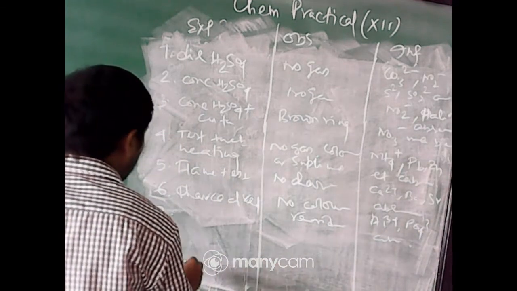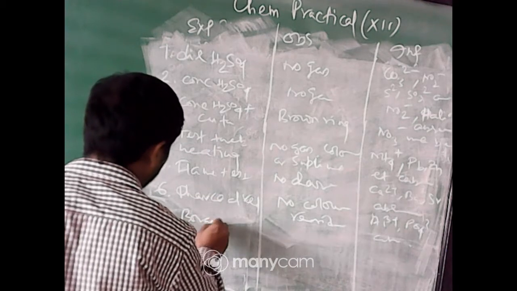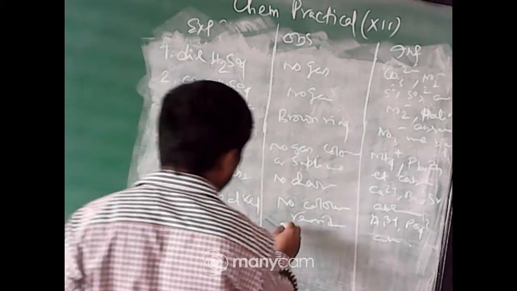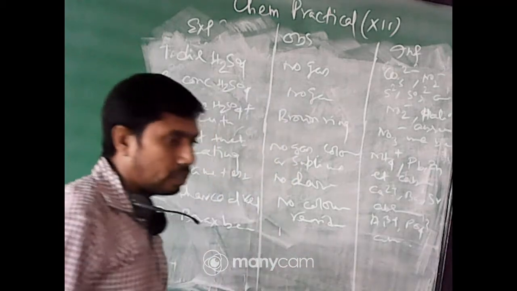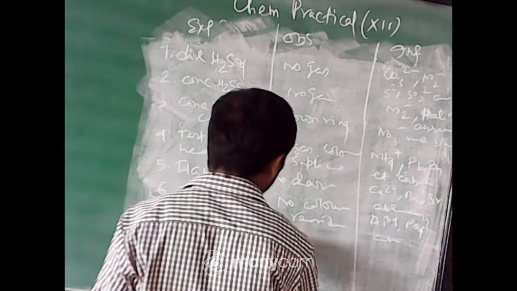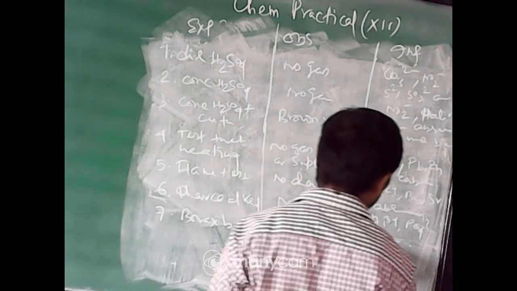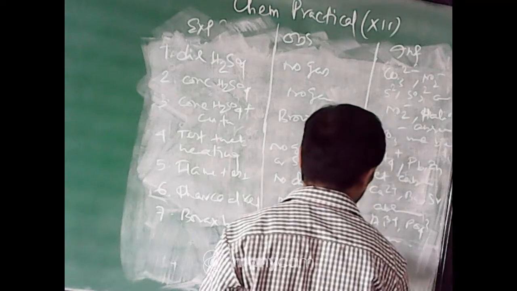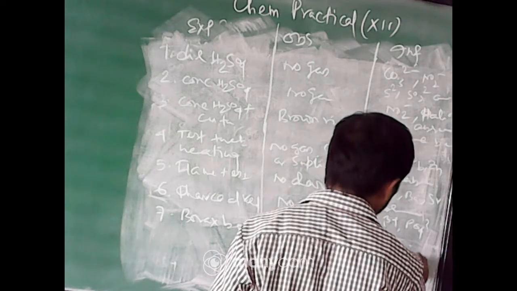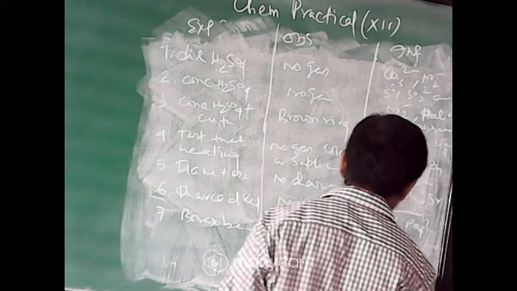Number 7 is the borax bead test. As the sample is white, the borax bead test was not performed. So here no characteristic observation. Here you will write that for the borax bead test, cobalt, manganese, all the colored samples, and copper are absent.